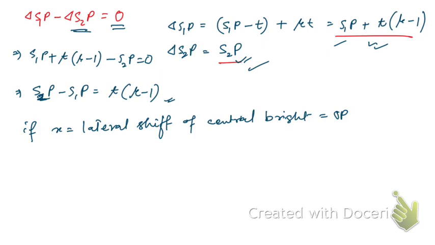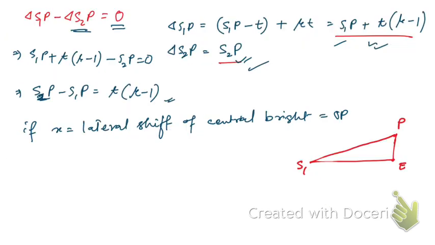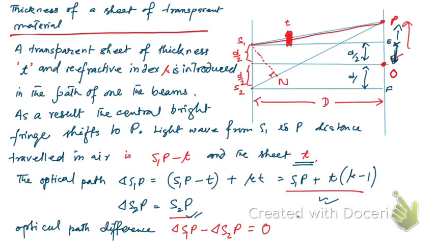So here you see we have got two triangles, one is S1PE, and another is S2PF.